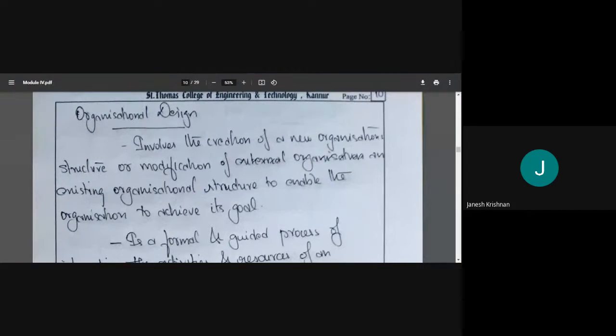So what will happen is sometimes a new person, suppose in our college, a dean has been appointed. So the dean will also be included in the project work, right? So from you, your guide, your staff project coordinator, HOD, principal. So sometimes we'll be adding a new person to the organization.